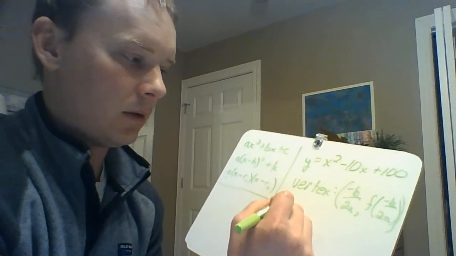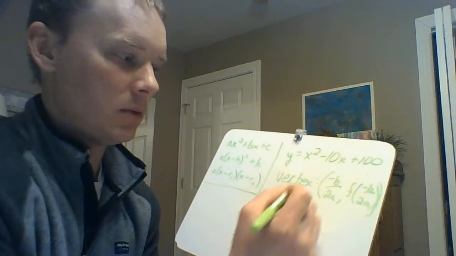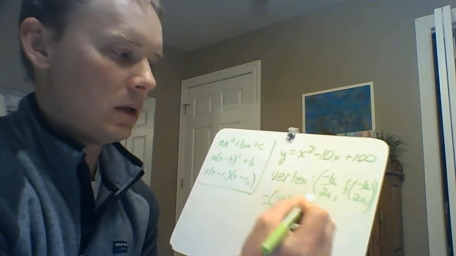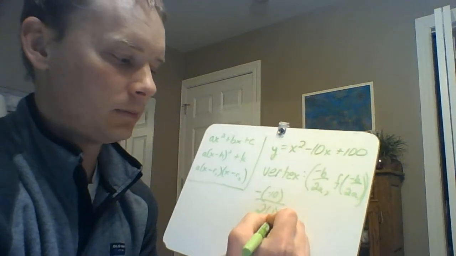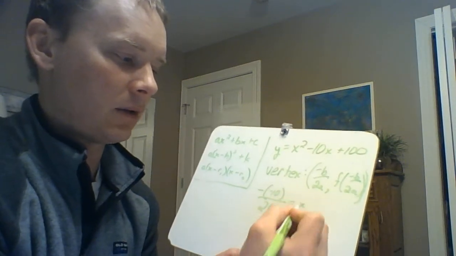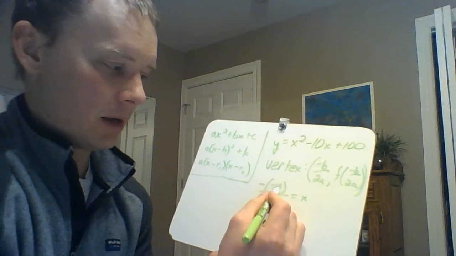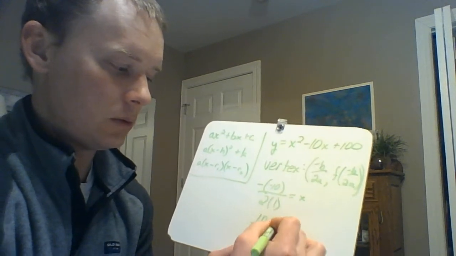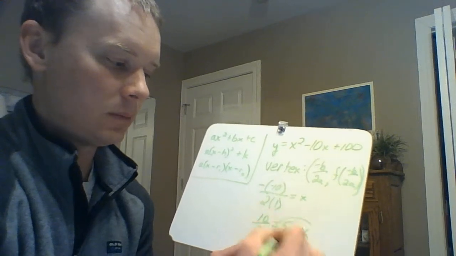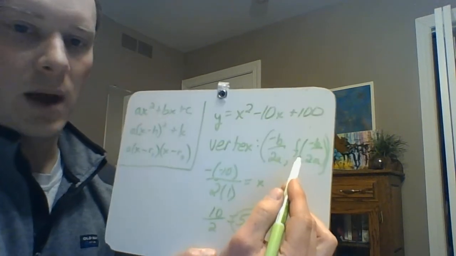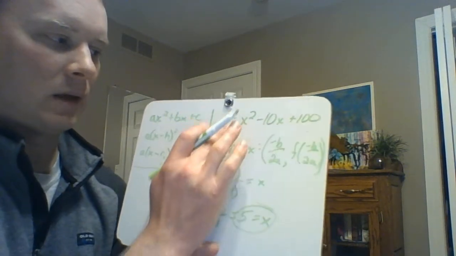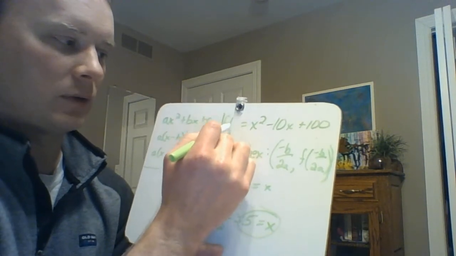All right, so in this case, negative b, which is negative 10, over 2 times a, which is 1. That's going to give us our x value. So negative 10 is positive 10, over 2 times 1 is 2, x is 5. Okay. Now, for the y, we have to plug that into the f function, maybe I should have called this f of x first.